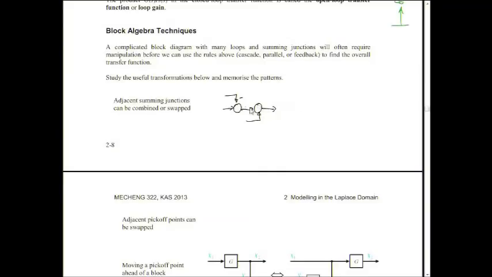So these summing junctions can be swapped or combined together, because the main thing is that the output is just the sum of all the inputs, and we have, in this case, 1, 2, 3 inputs to this whole thing and one output. The summing junction just adds the signals together, so this is equivalent to the same summing junctions but switched in order.